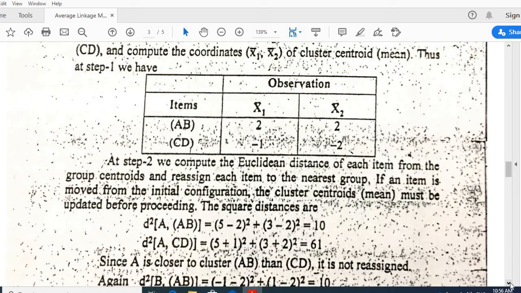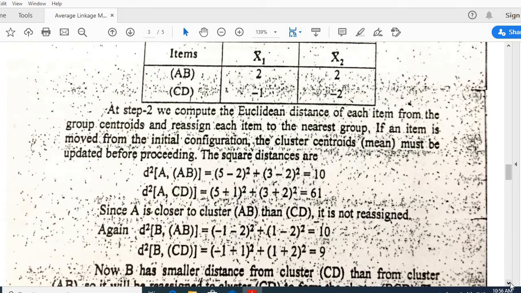If an item is moved from the initial configuration, the cluster centroids must be updated before proceeding with the squared distances between them. Now compare the distance of A with respect to AB: 5 minus 2 whole square plus 3 minus 2 whole square is equal to 10. Distance of A with respect to CD is equal to 61.